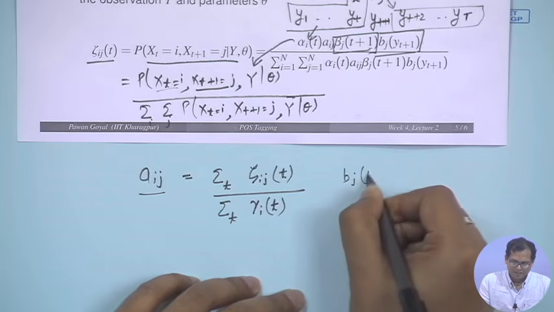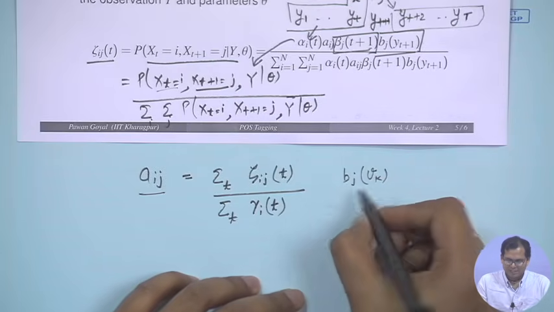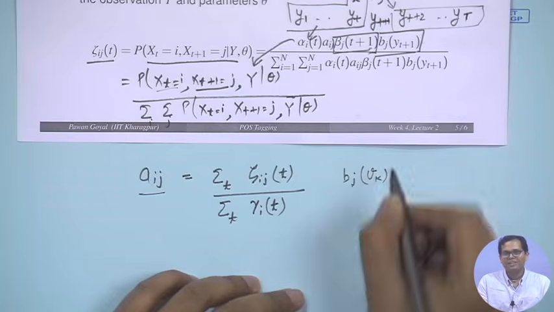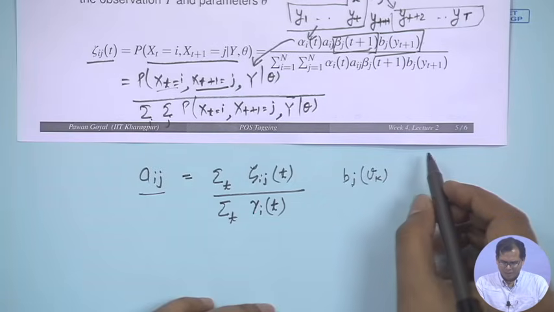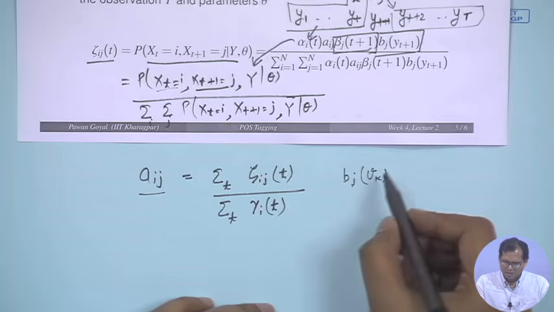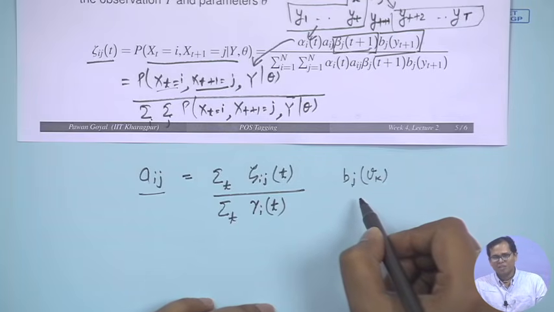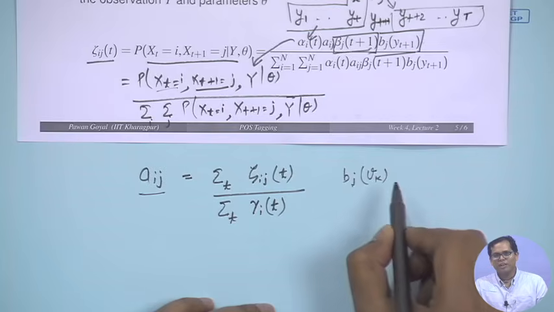And similarly, how can you compute your bj vk? That is, at state j you are emitting vk. How can you estimate that? For that you have to find out whenever you are in state j, is the observation actually vk.